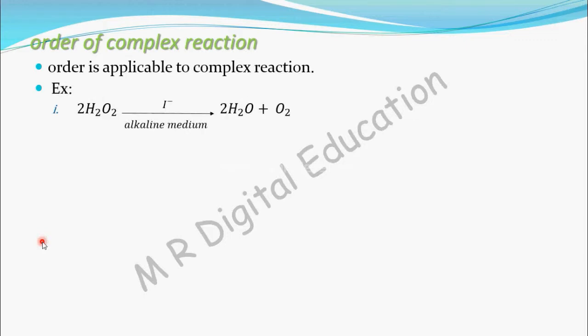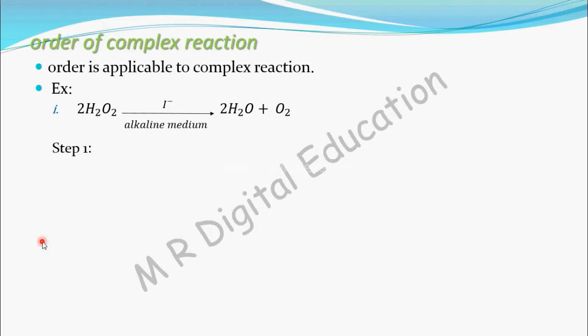You know that 2H2O2 in alkaline medium gives you 2H2O and O2, and you know that this is a complex reaction. It will take place in two steps.